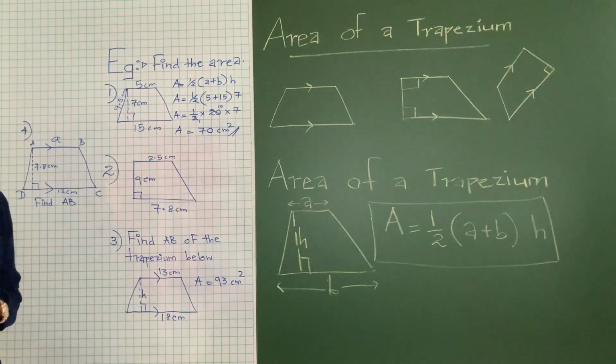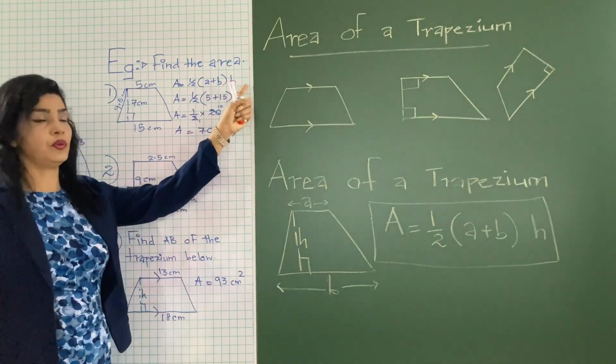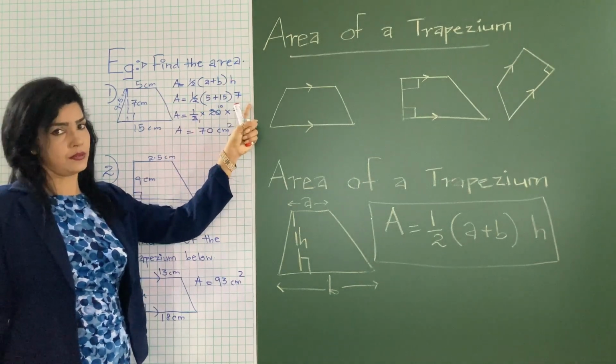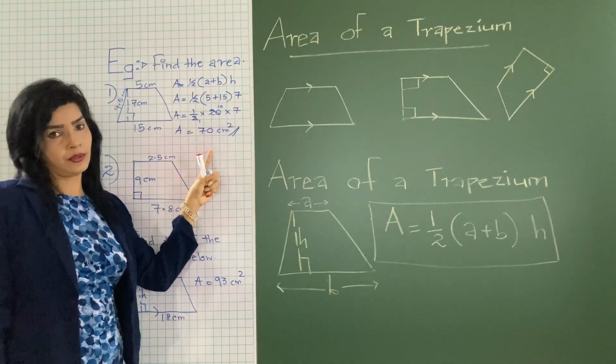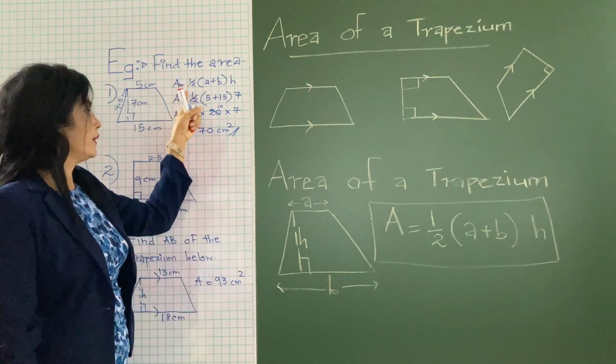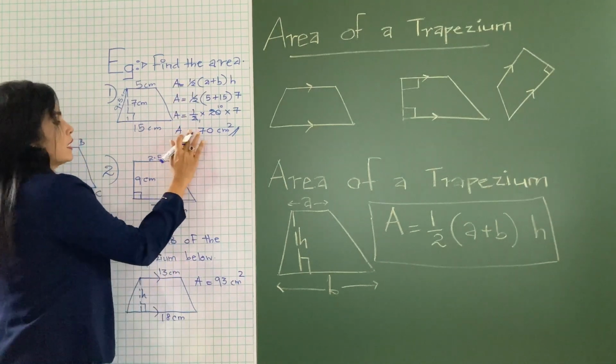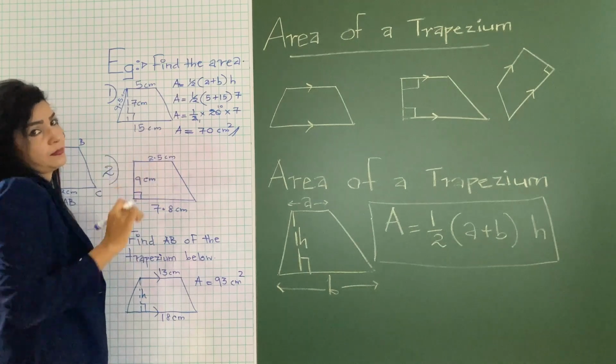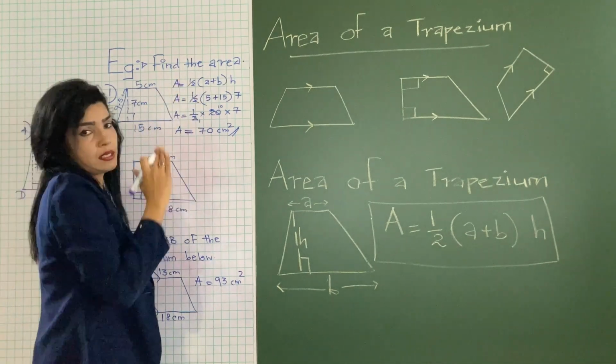Is that clear to you? First we wrote the formula and we substituted values and we calculate. So we have to maintain the equal sign in the same column. So it is an organized answer.